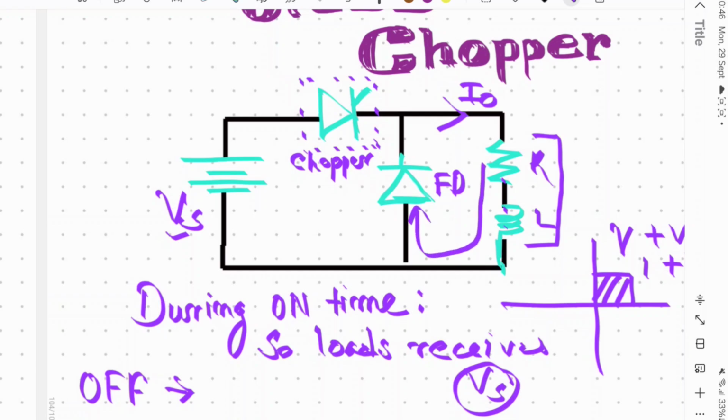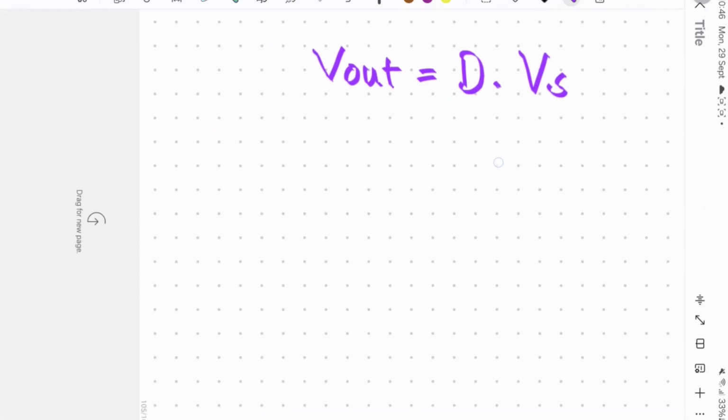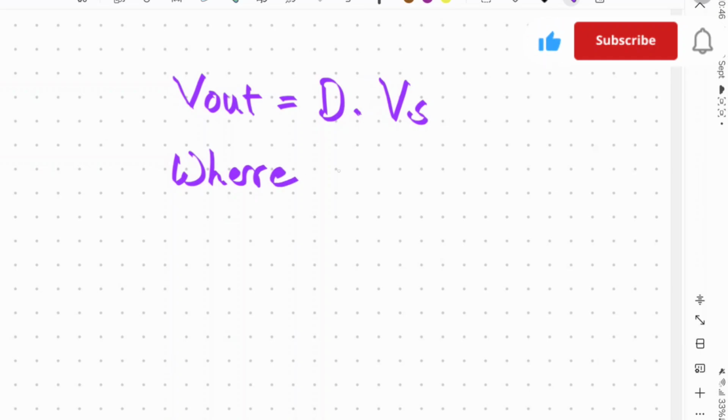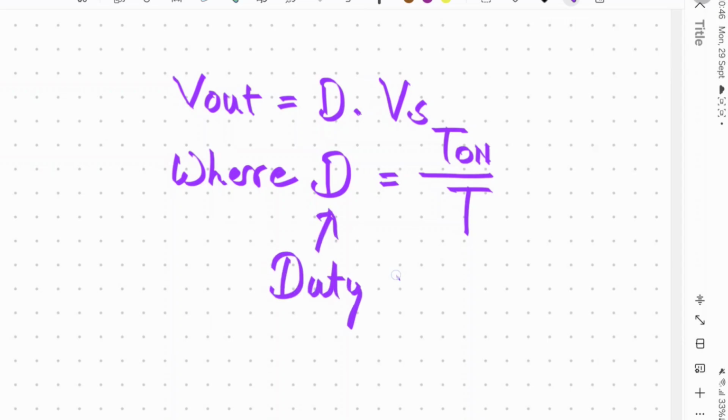So the average output voltage, we can write, V out is equal to D into Vs, where D is equal to T on by T. D is the duty cycle.